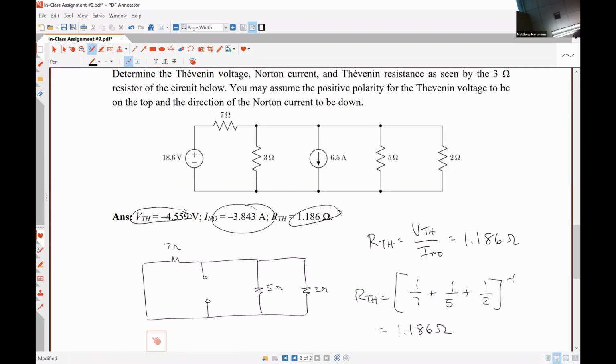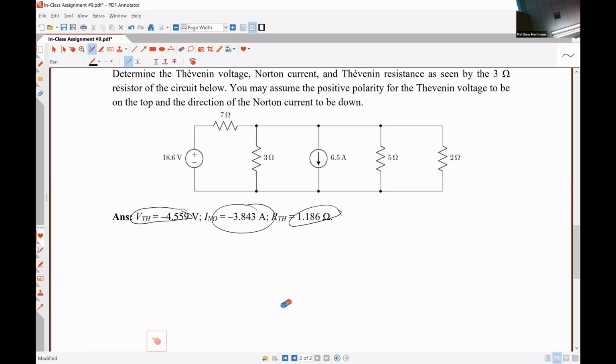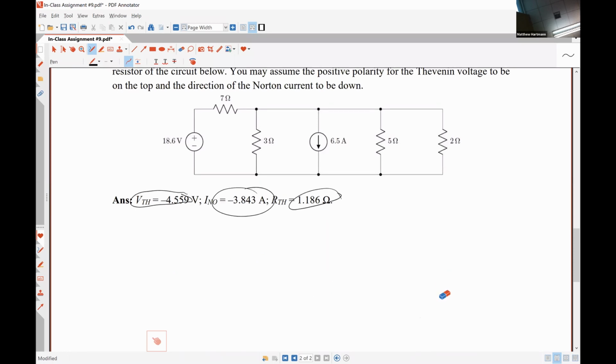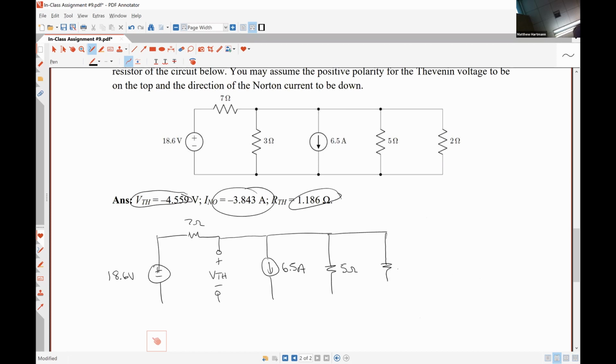Absolutely. I will redraw it real quickly because it'll help show what's going on there. So we had our 18.6 volt source, our 7 ohm resistor. Here is VTH. We've taken our resistor out. Here's our 6.5 amp source, our 5 ohm resistor, and our 2 ohm resistor.